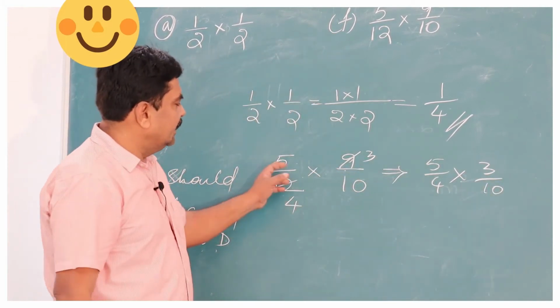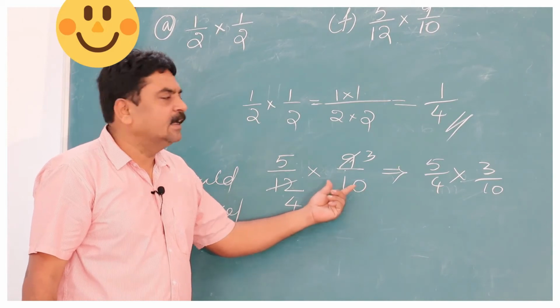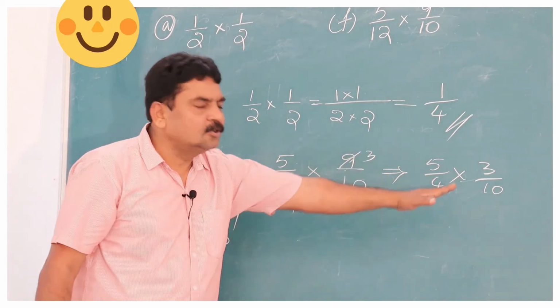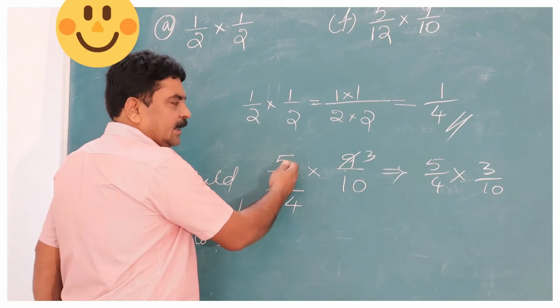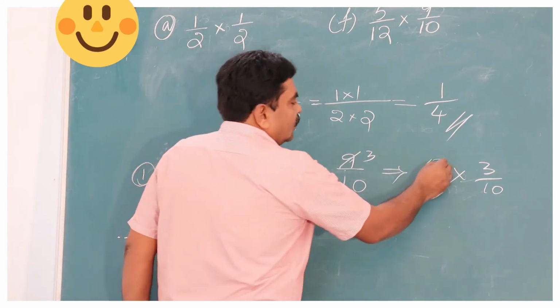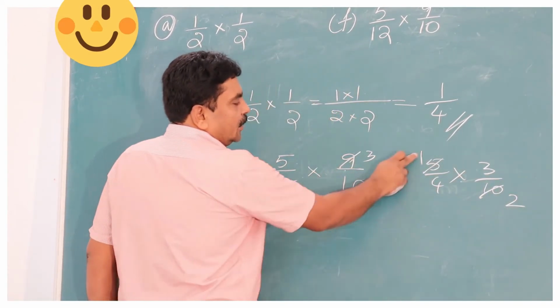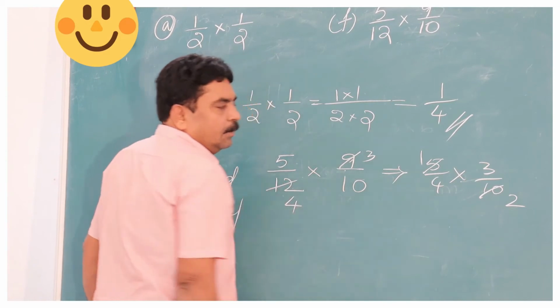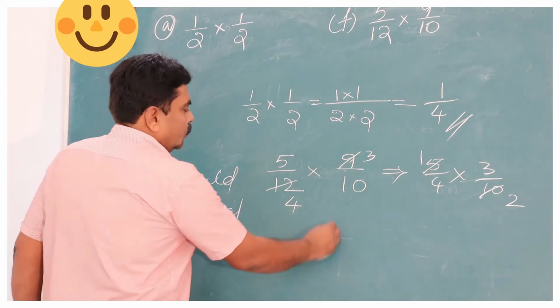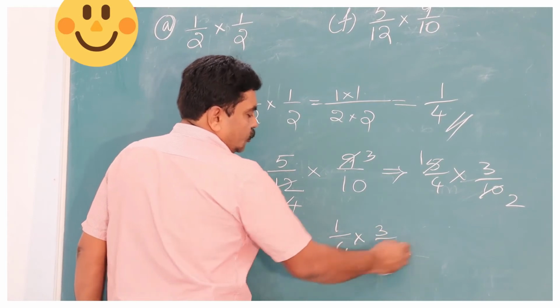Even here you can see numerator value and denominator value, you can cancel it. I'll do it here so that you can understand much better. 5 1 time, 5 2 times. Now you got 1 by 4 into 3 by 2. So 1 by 4 into 3 by 2.